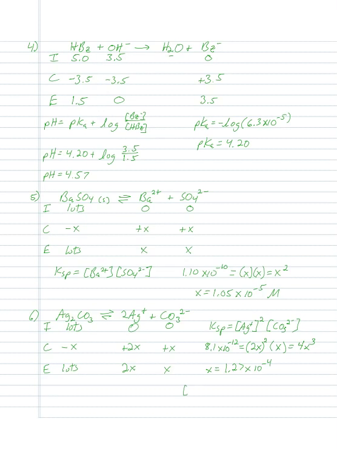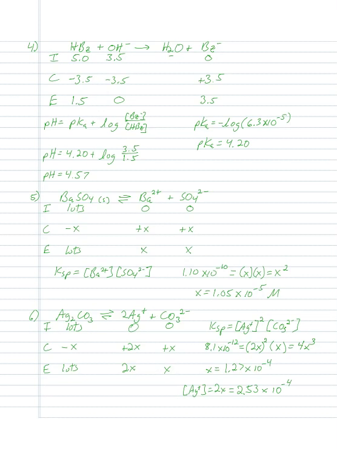So concentration of silver is equal to 2x, and so that's going to be equal to 2.53 times 10 to the minus 4. It's just a little rounding issue why it's not 2.54. Okay, so that would be C for number 6.